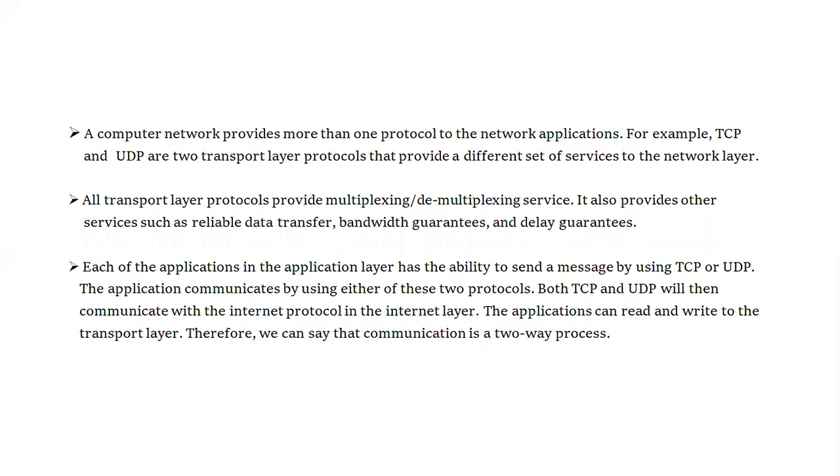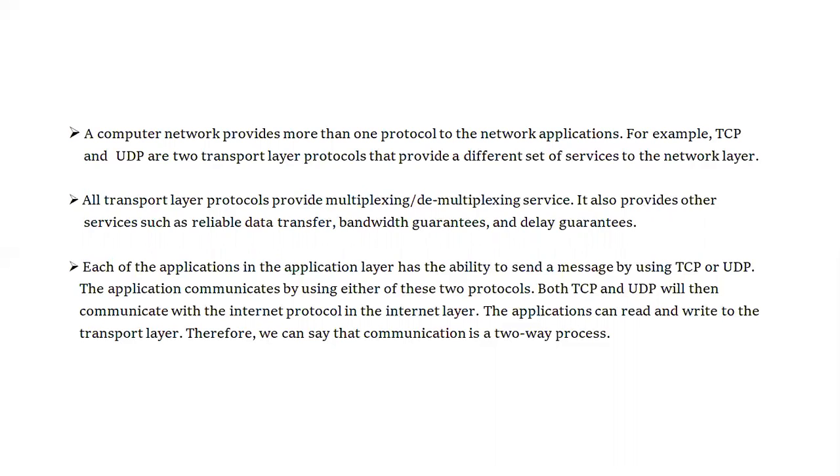All transport layer protocols provide multiplexing and demultiplexing, and reliable data transfer, because we have connection-oriented services and connectionless services. TCP is a connection-oriented service, whereas UDP is a connectionless service. The reliability comes from the protocol TCP, and UDP is much faster than TCP. So delay and bandwidth are dealt with by the transport layer.